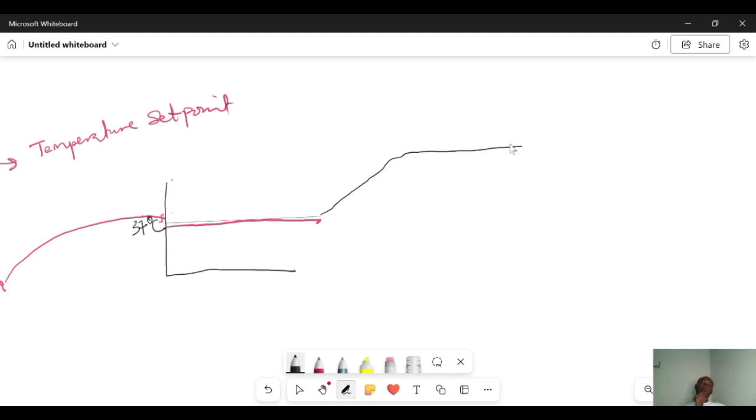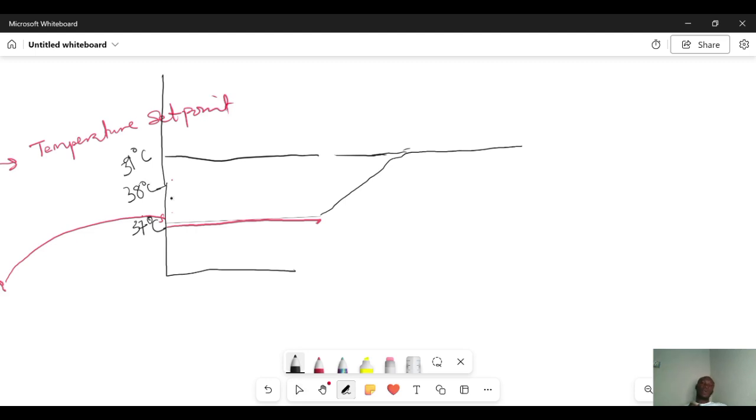All right. Now we can take an arbitrary value here. So let's call this 39 degrees Celsius. So somewhere here is 38 degrees Celsius.